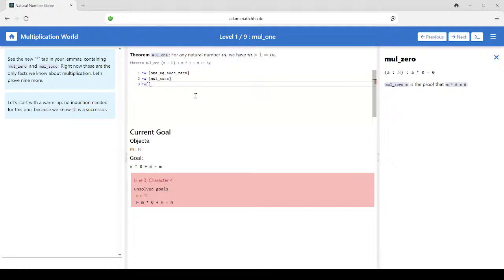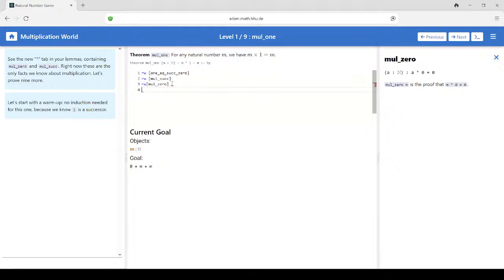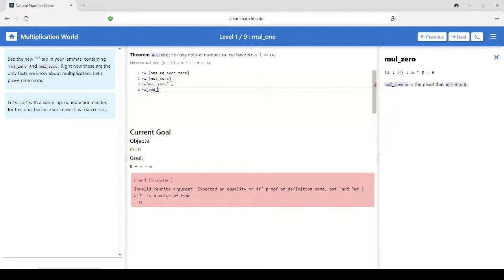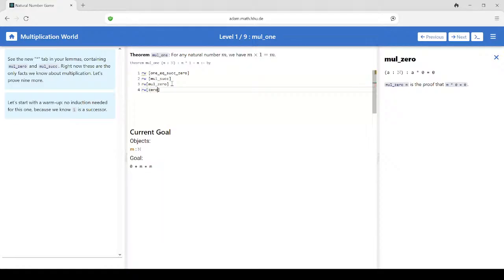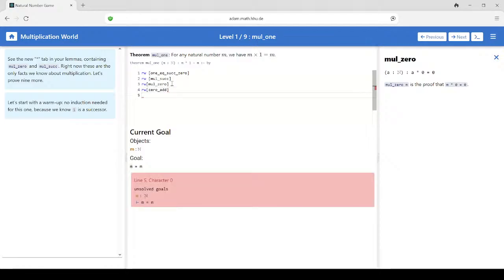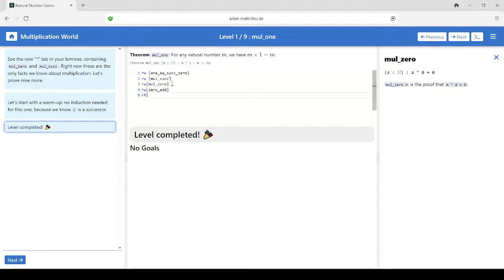Rewrite multiply 0. And now all I have to do is rewrite add 0. Nope. We want 0 add. And then we can reflect.